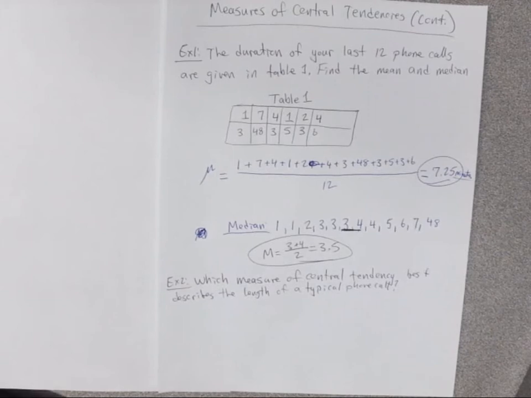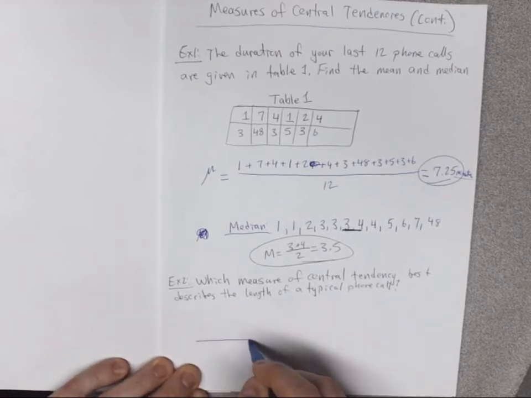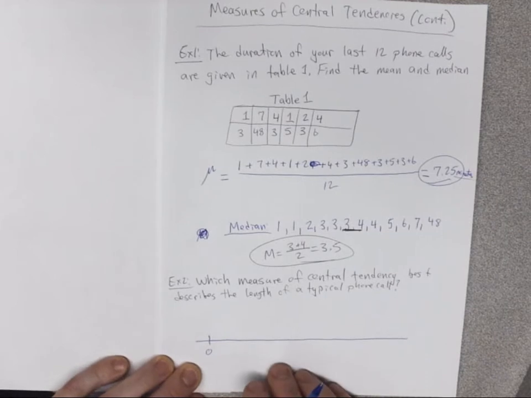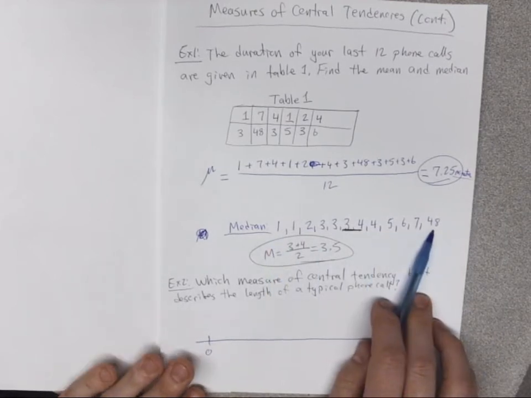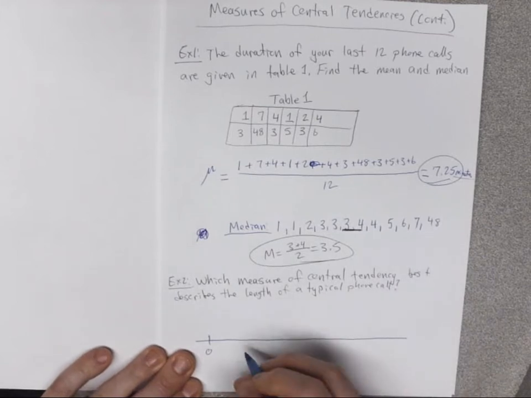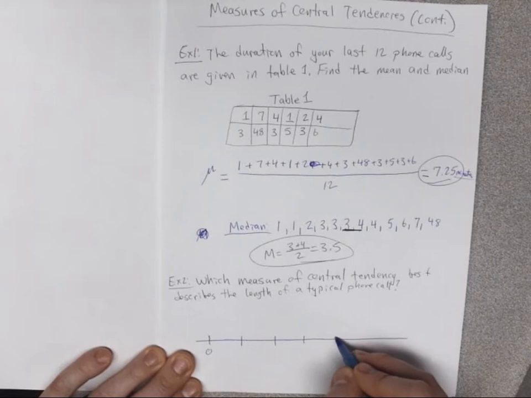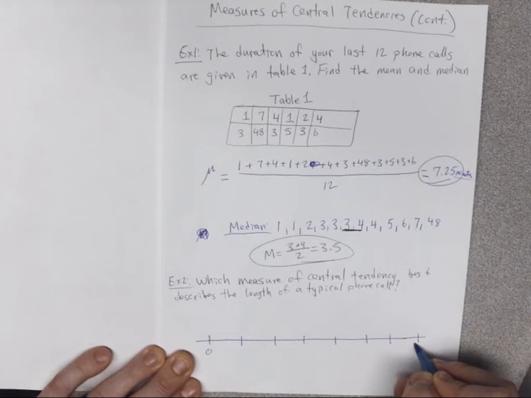So the easiest way to do that is we can draw a dot plot, meaning we just draw a line here, and we'll start at 0. And since my lowest value is 1, and it goes out to 48, which is quite big, I'm just going to go by 7, 7, 14, 21, 28, 35, 42, and 48.